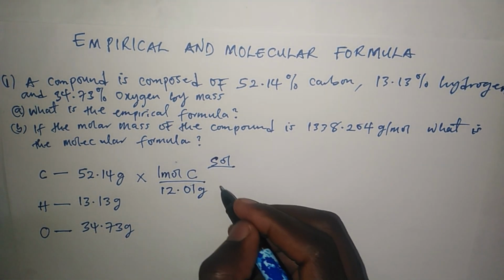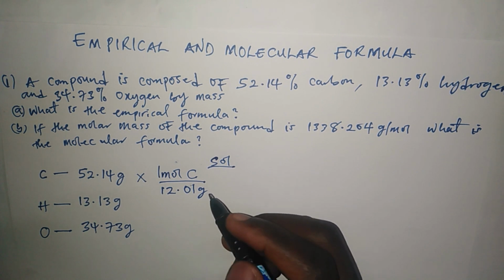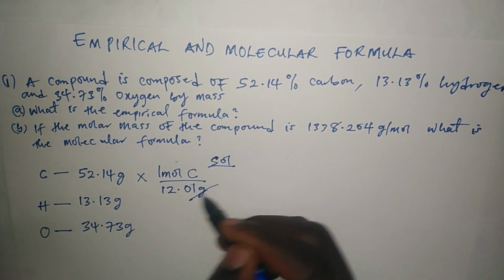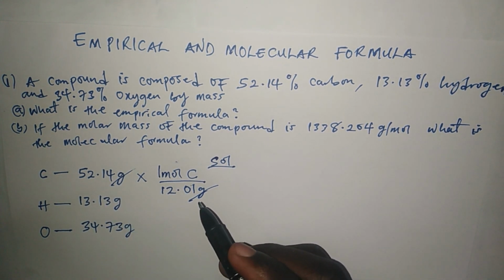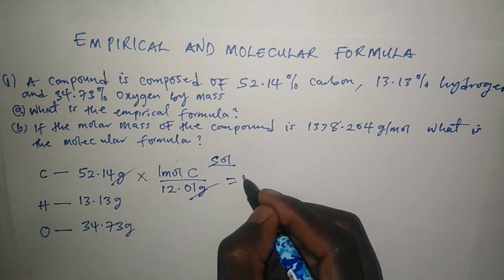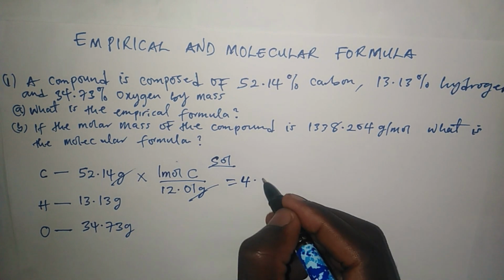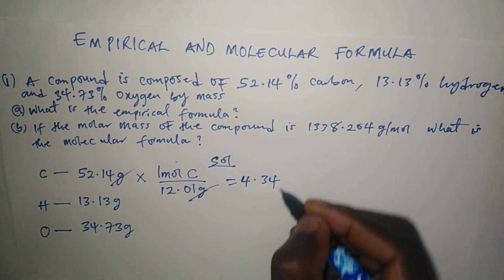Now, when you multiply, grams will cancel grams, right? 52.14 divided by 12.01 is equal to 4.34 moles.